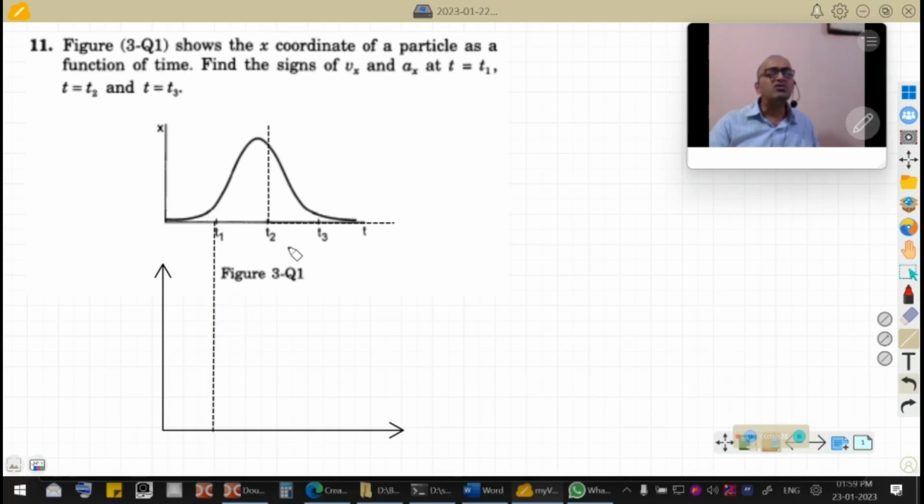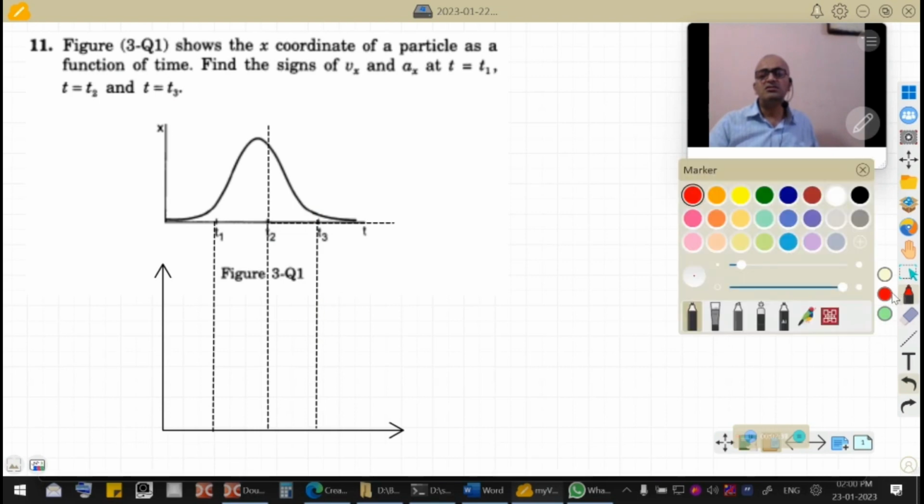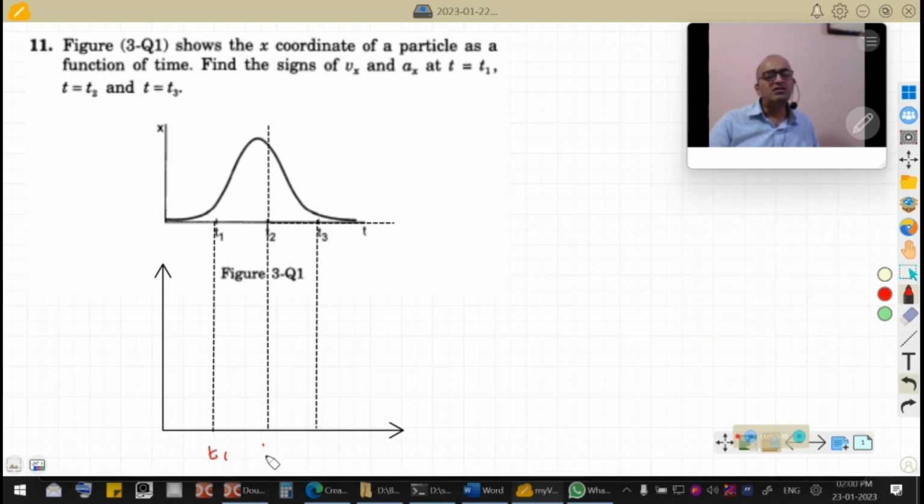This is the time corresponding to T2. And this is the time corresponding to T3. So we can mark here our times, T1, T2, T3.